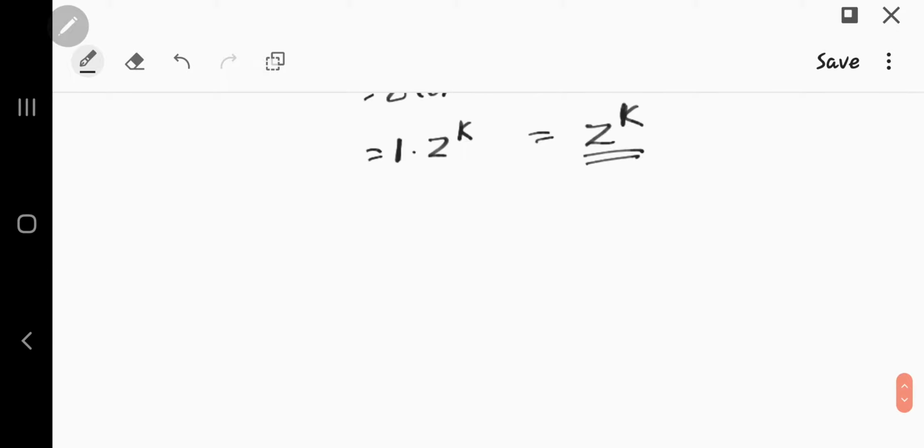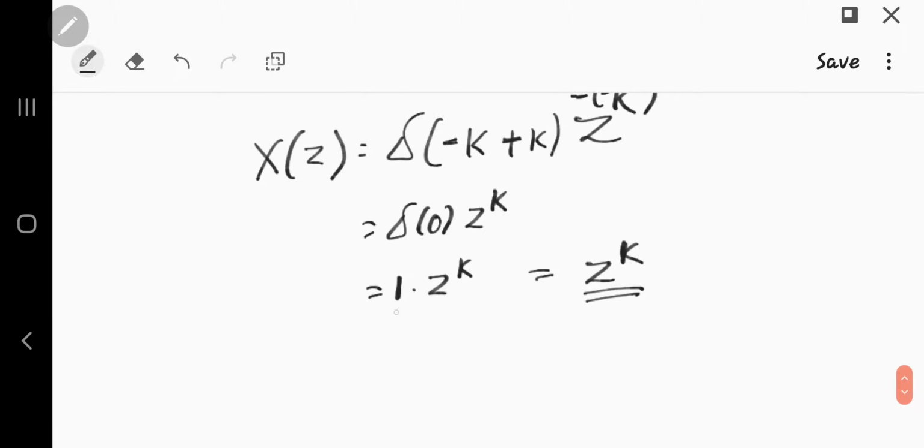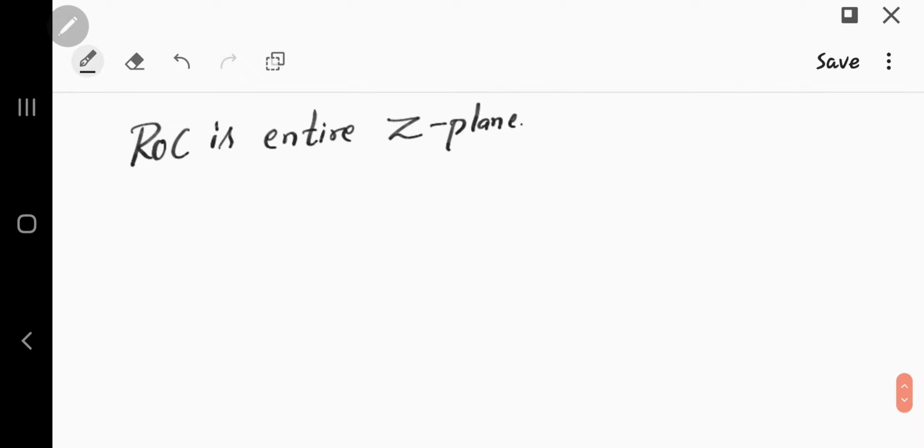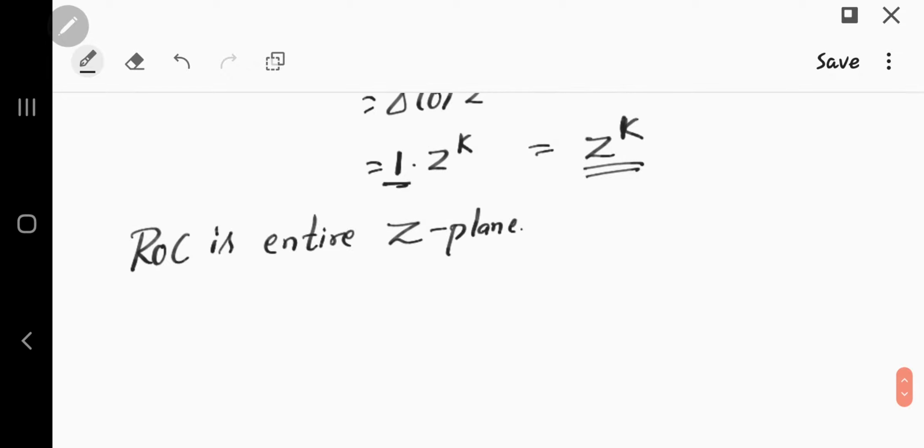Now the ROC. You might be wondering what is this z to the power of k. Here also we consider this because we have 1 into z to the power of k. So this is a finite value. So we consider that the ROC is the entire z plane. And what about poles? We don't have poles, but z power k can be written as z power k by 1.